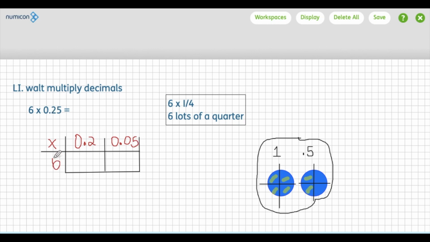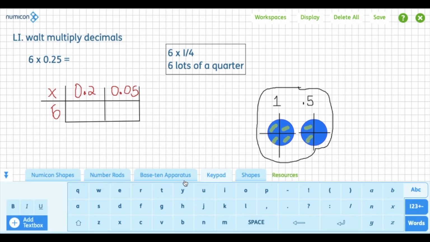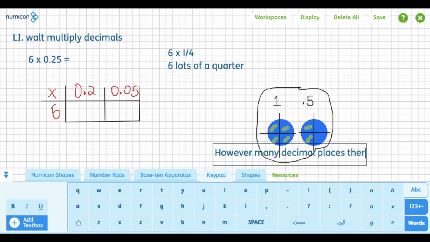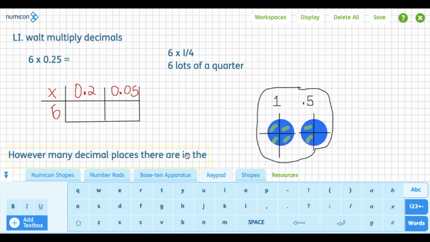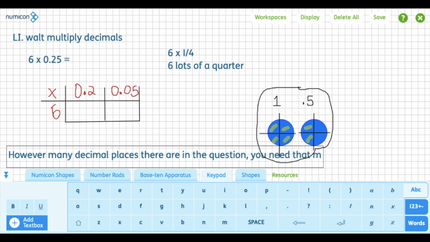Now, multiplying decimals works very, very similarly to multiplying whole numbers, but when you multiply decimals, however many decimal places there are in the question, you need that many in the answer, okay?